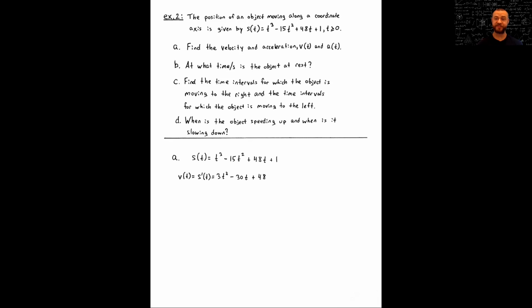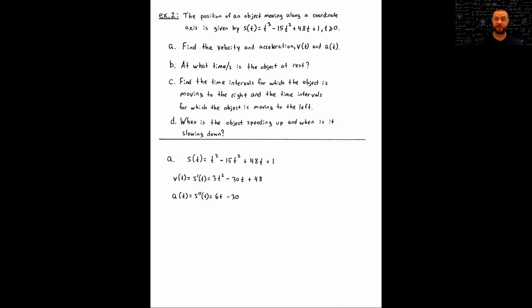All right, so our velocity, v of t, which is s prime, the first derivative of position, that would come out to 3t squared minus 30t plus 48. And if we differentiate that to get the second derivative, s double prime, physically, that's what we think of as being acceleration. So we get the velocity, v of t, and acceleration, a of t, for minimal effort.